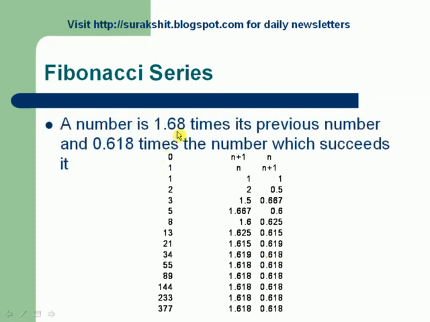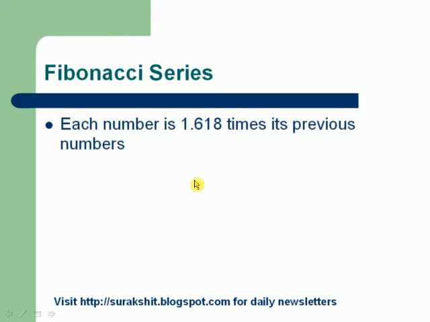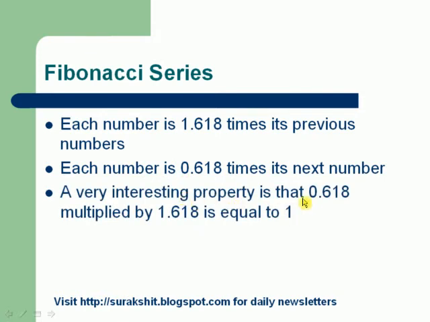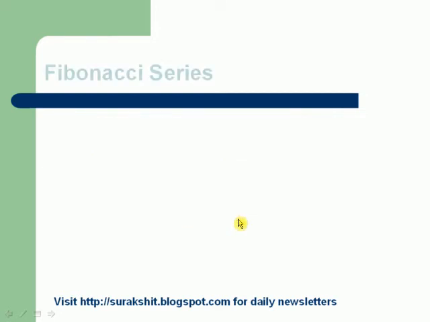So you can already see that one number is not 1.68 times, it is 1.618 times its previous number, and 0.618 times the number which succeeds it. Each number is 1.618 times its previous number and 0.618 times its next number. A very interesting property is that if you multiply 0.618 by 1.618, you get an answer equal to 1.